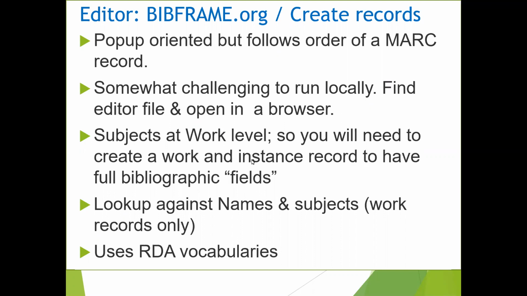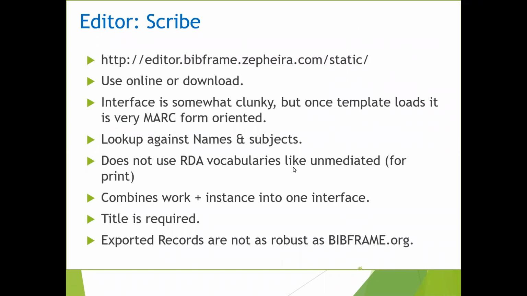It will look up against the National Authority File for names and for subjects. So it's going to go out and look for the Library of Congress Subject Headings file. So it will look up against those, which is really cool. And it does use the RDA vocabulary, so it's going to use RDA terminology. So this one, BIBFRAME.org, will feel the most like what I think we would be using.